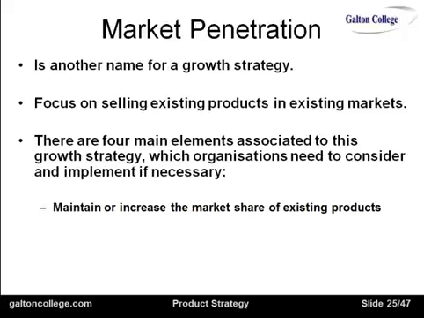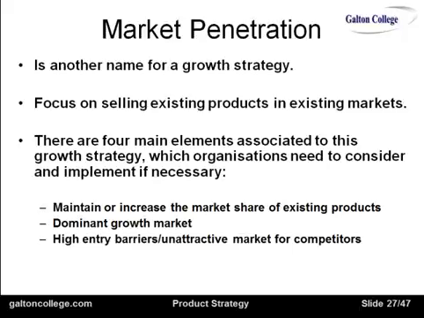Well, if it's going to be a growth strategy, it should really be trying to increase market share. It should try to dominate the market. It should try to become the dominant force in the market. Become the biggest player. That should be the objective.